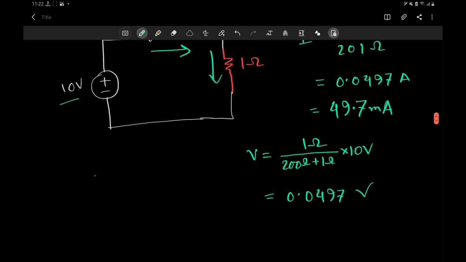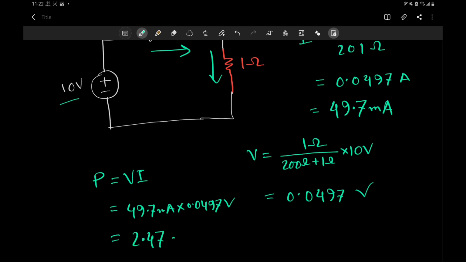And if we calculate the power V times I, we would get 49.7 milliamperes times 0.0497 volt, and we will get 2.47 milliwatt.